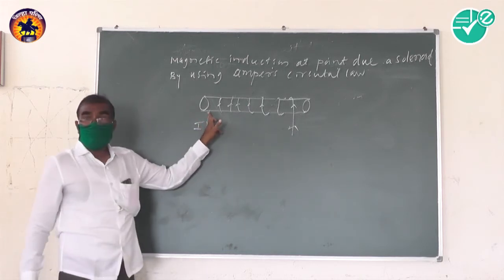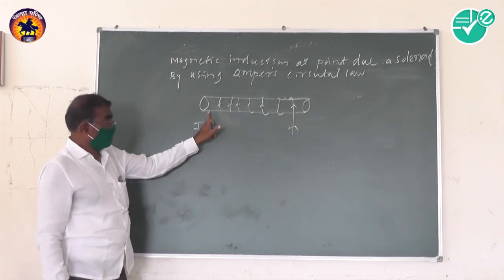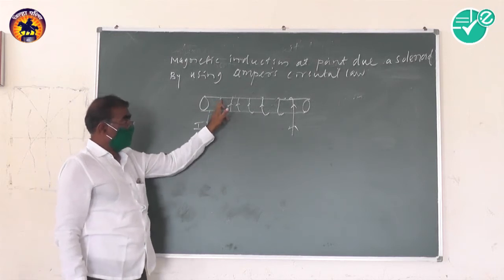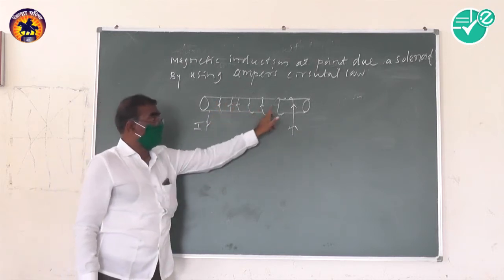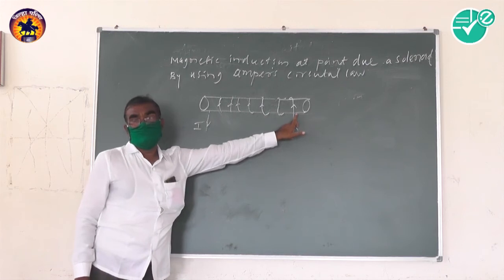A solenoid is a large tube. It consists of a large number of closed loops.